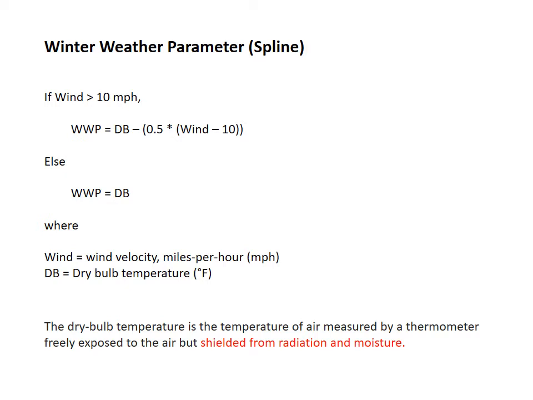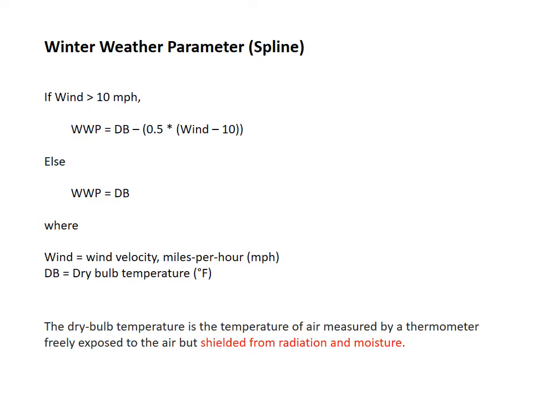You say, like, we have all this data and we have this model that we think's right, how should we break up the relationship between winter weather and electricity demand so that our model fits the best? And in this case, we're saying that as long as wind is above 10 miles per hour, then whatever winter weather parameter, dependent variable, we have in our regression is equal to the dry bulb temperature minus the quantity 0.5 times the wind speed minus 10, right?